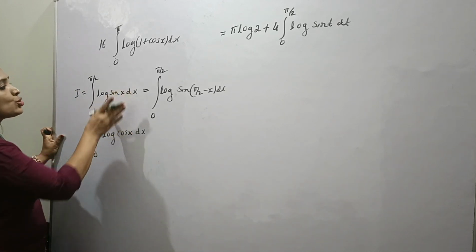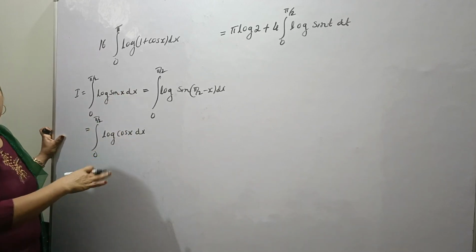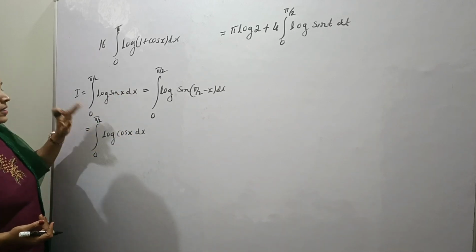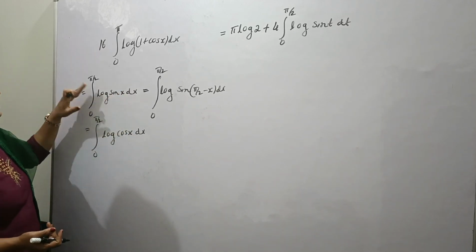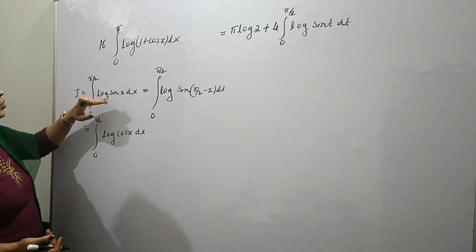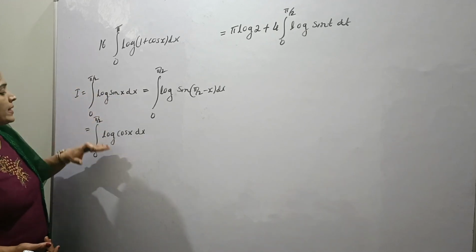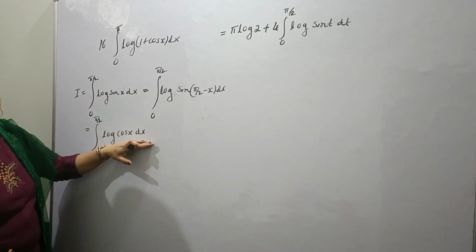And this one is also I. We will add these two integrals, so it will be 2I. That is integral 0 to pi by 2 of log sin x dx plus integral 0 to pi by 2 of log cos x dx.